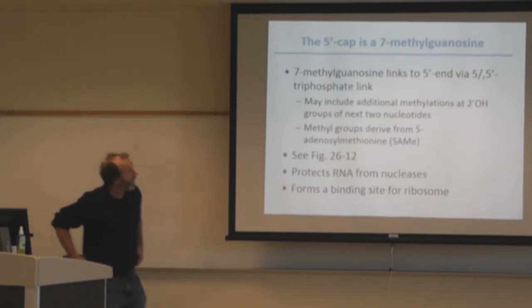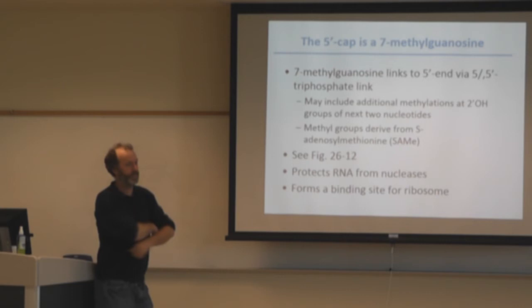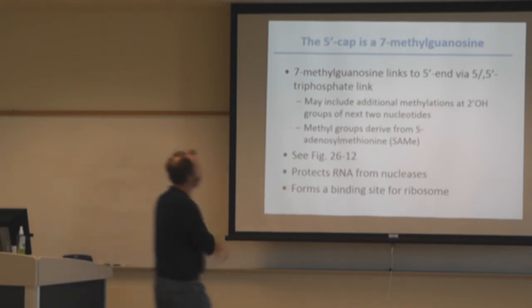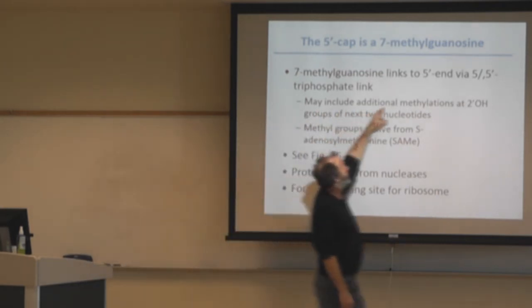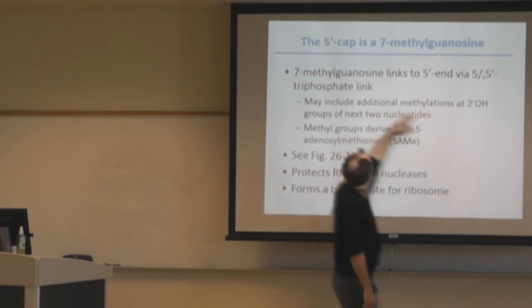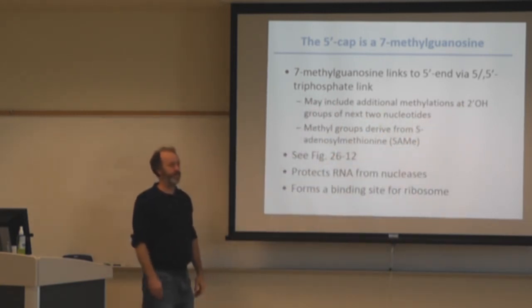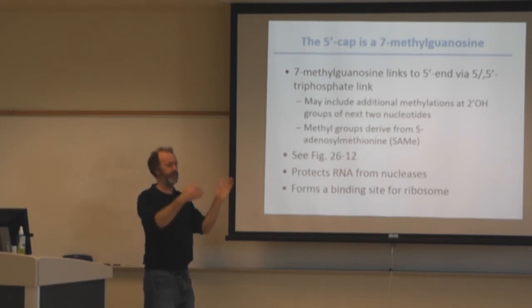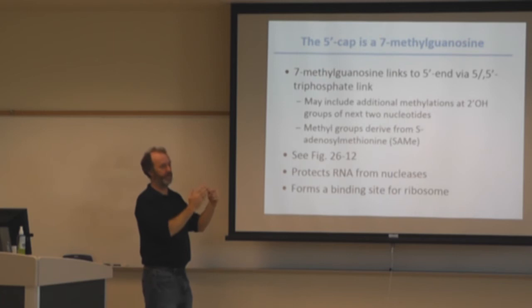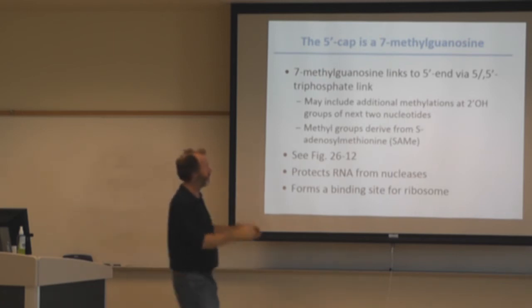The 5' cap is a 7-methylguanosine. The 7-methylguanosine links to the 5' end via a 5' to 5' triphosphate link. So you have the 5' of the guanosine, you have 3 phosphates, and then the 5' of the message.